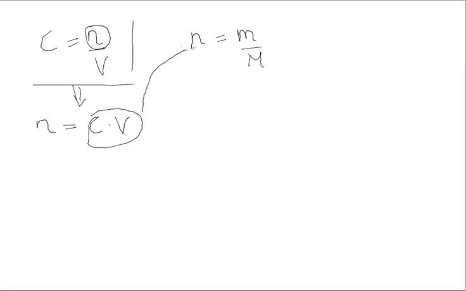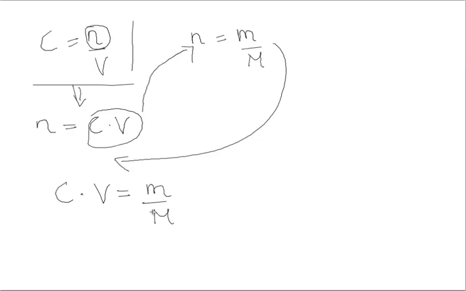Then N will be C times V. Put it in the second formula where N equals mass through molecular weight. Then this N in the second formula will be C times V equals mass through molecular weight.